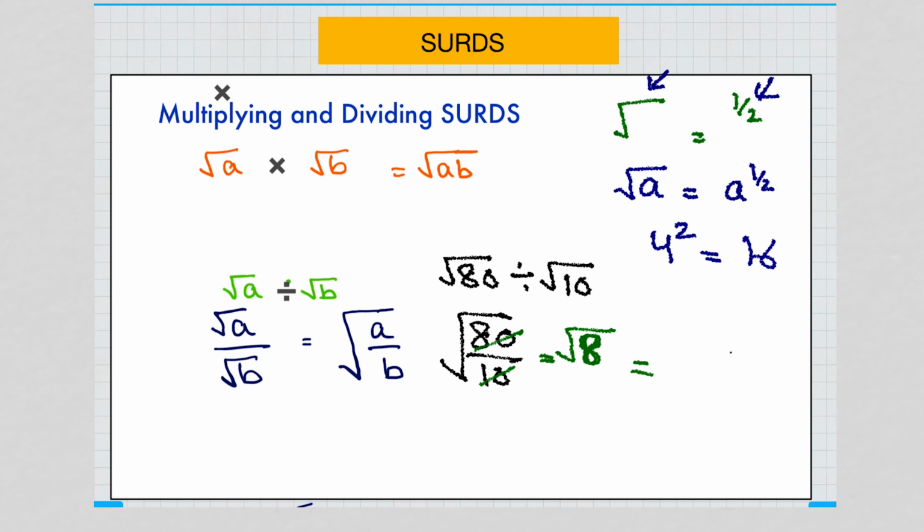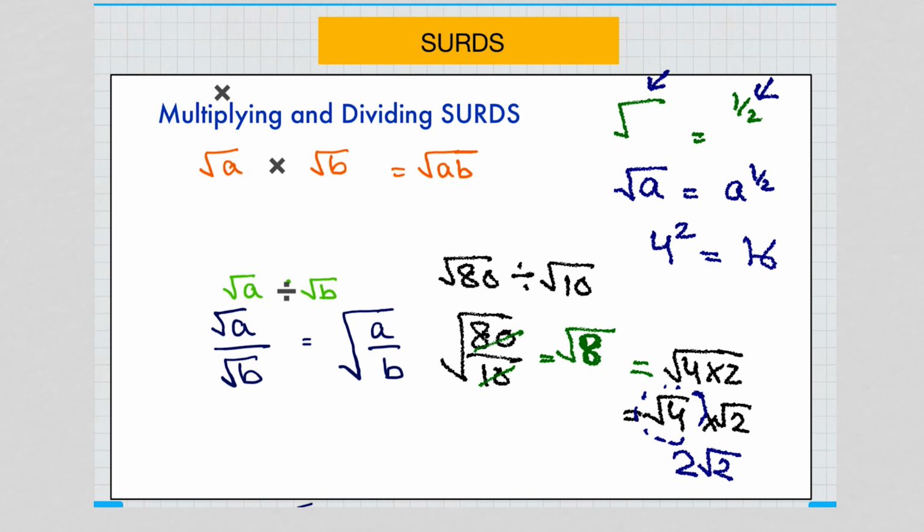Why not? We just learned in multiplication. I can write root 8 as 4 times 2, which is 8. And then square root 4 times square root 2. Next step, I write root 4 as 2. Root 2 would be our answer.